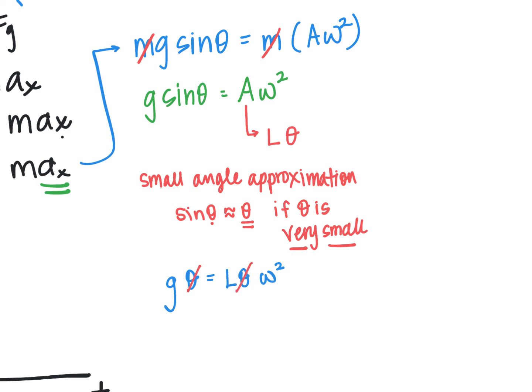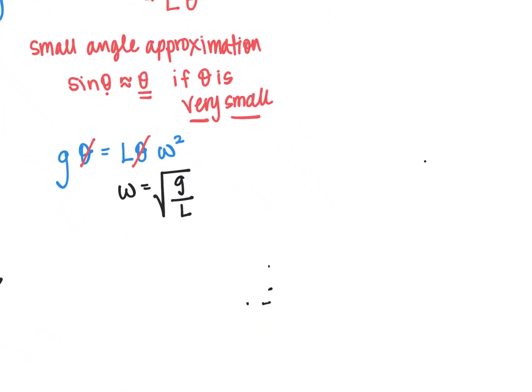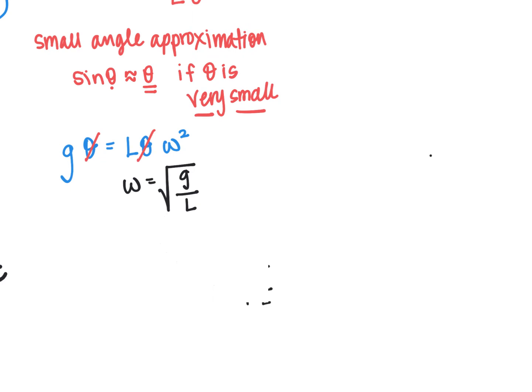And so then we get an expression for omega as being the square root of g over L. Now, from our discussion of the pendulum lab, we found that the period was equal to 2 pi root L over g.